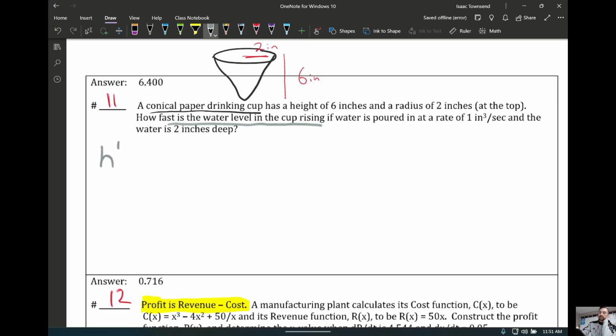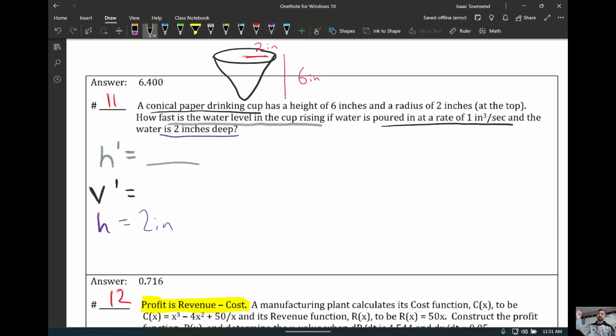So how fast, how is the height changing, h prime, if we pour in water at 1 cubic inch per second? So that's definitely a rate, but it's a rate for what? Very good. So if you can't catch that out of the context of the question, the unit should help you. Area is always squared units, volume is always cubed units. When the water has a height of 2 inches.